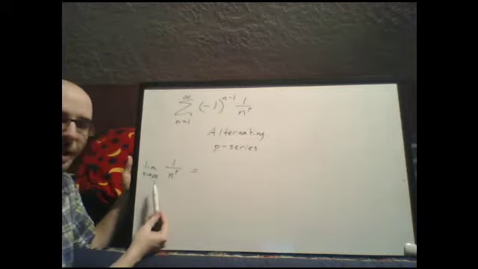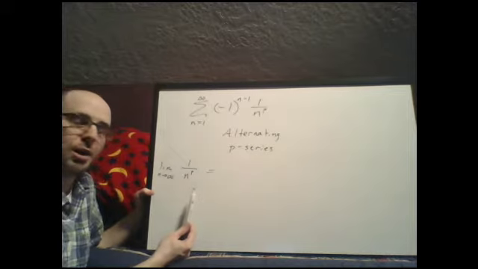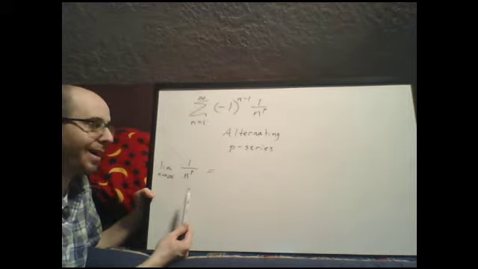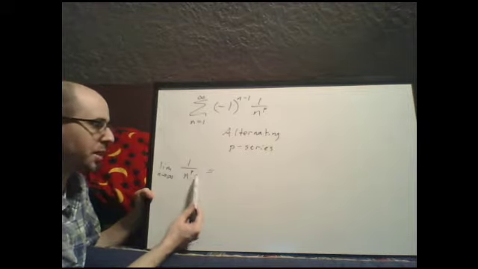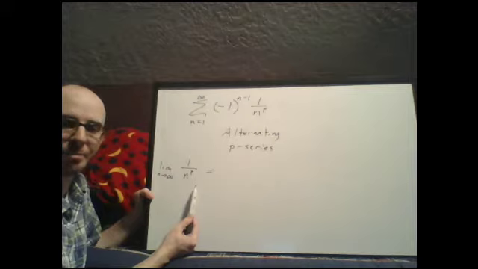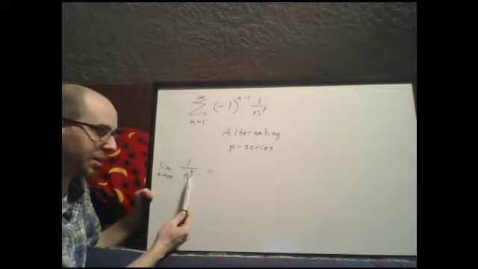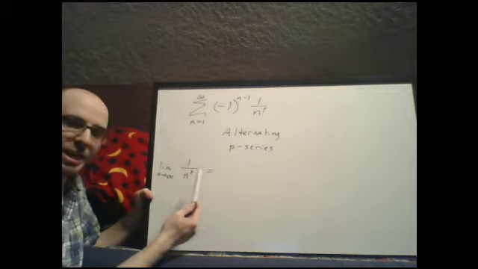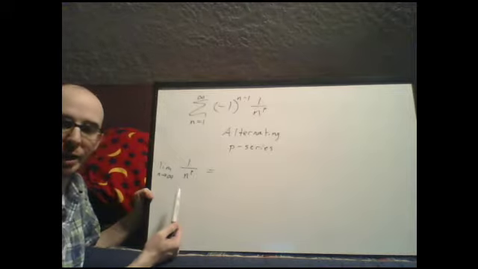Now, as n approaches infinity, what's happening in this denominator? Well, it depends. If p is a positive number, then there truly is a denominator here. There really is an n in the denominator. But if p is negative, then a negative number here will actually move this n into the top of the fraction. And as n grows to infinity, I would get infinity.